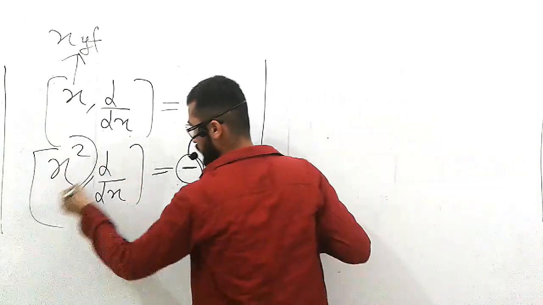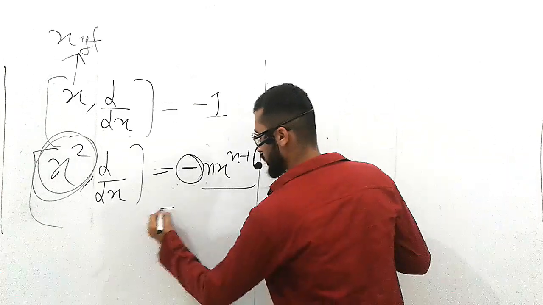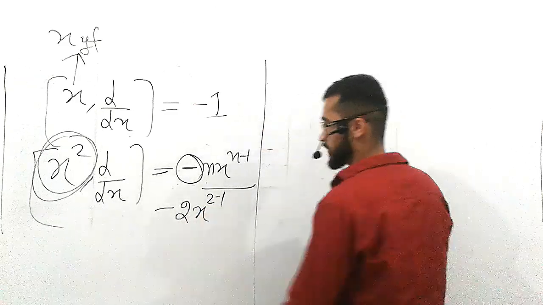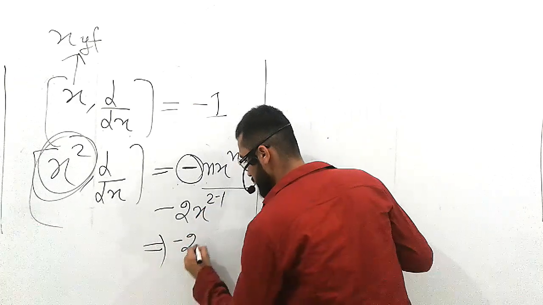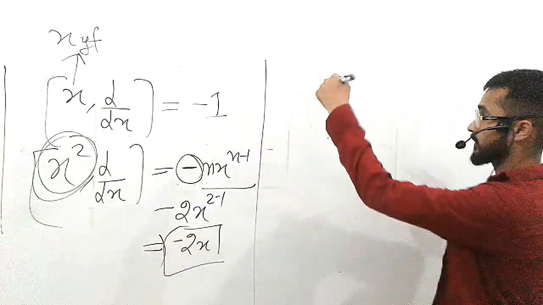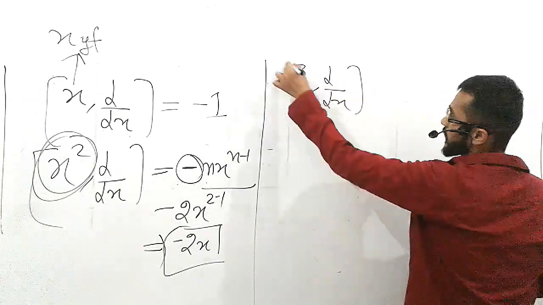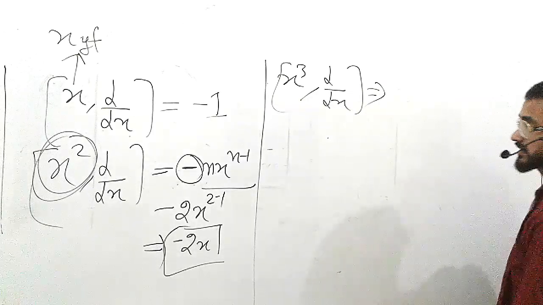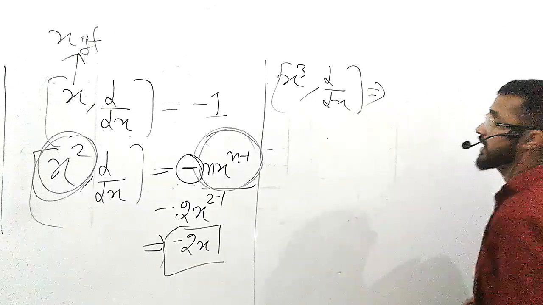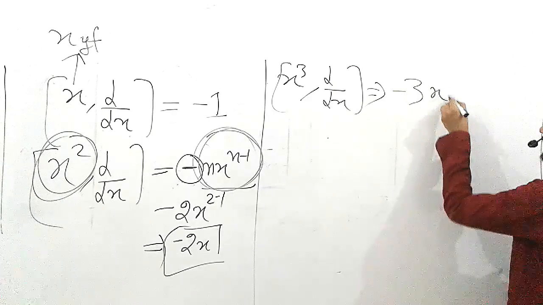Now, what is the differentiation of x square? It will be 2x to the power 2 minus 1, so the resultant will be minus 2x. Now further I will take x cube d by dx. The differentiation formula will be applied here, and it will be minus 3x square.